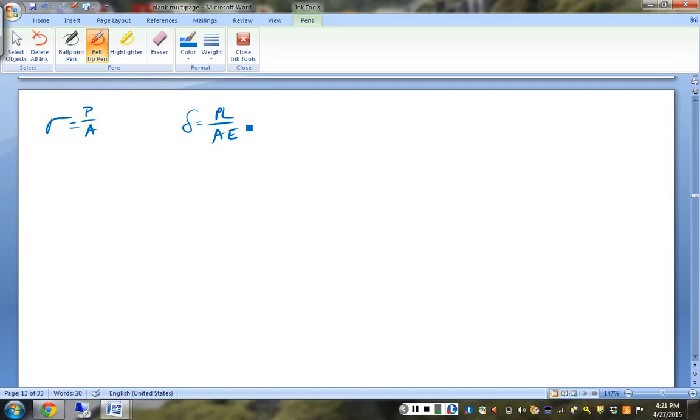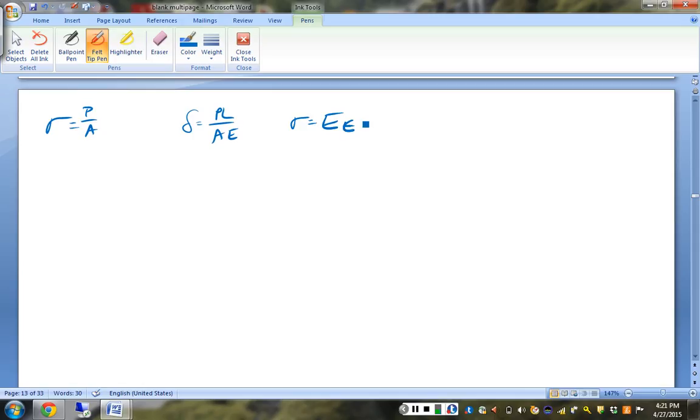If we have stress and strain in a one-dimensional stress situation, in an axial stress situation, how do those relate? Slope of a stress strain curve is Young's modulus. So we know that stress is Young's modulus times the strain.